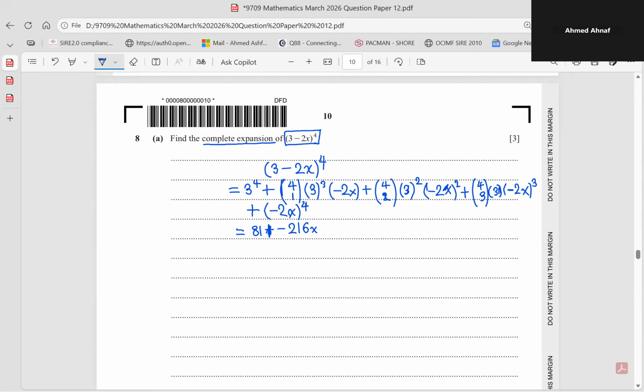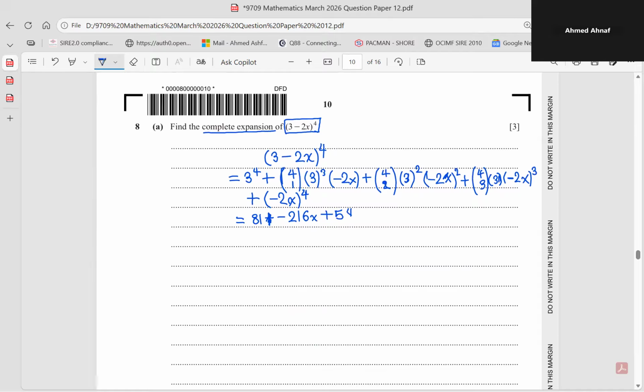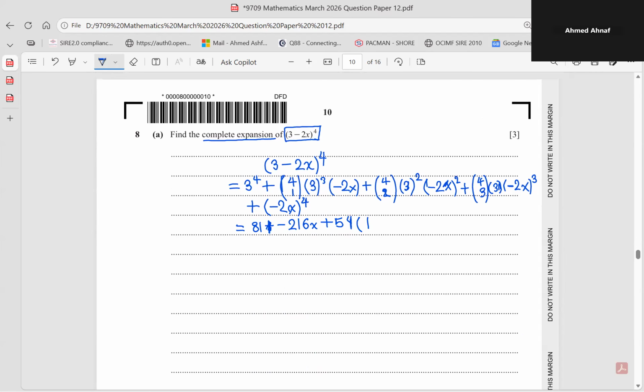And 4 choose 2 times 3 squared, that's 54. 54 times minus 2x squared, that's just 4x squared.